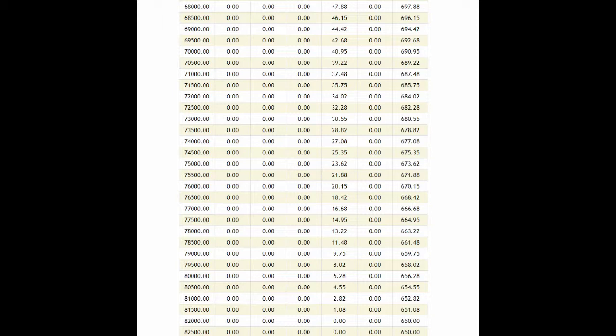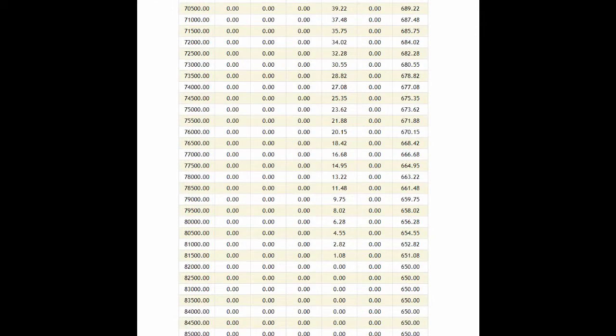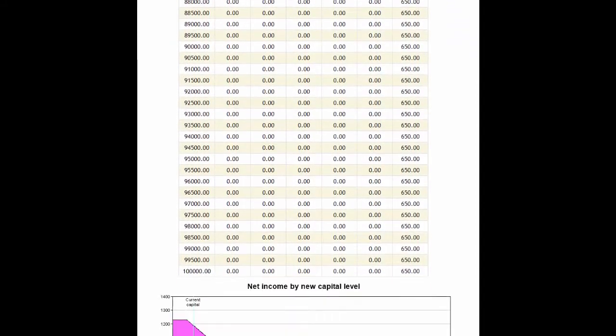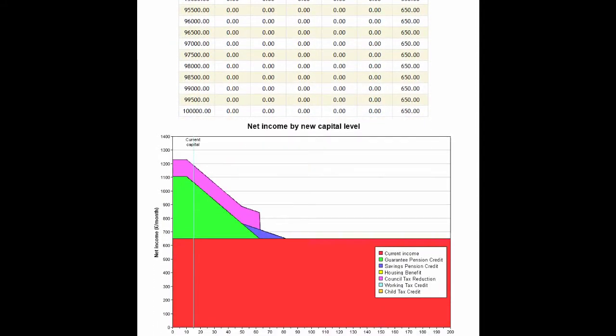While this table is very useful and precise, it's often better to have a visual view of the benefits effects of taking equity release, and you'll find that at the bottom of the screen. Here is a chart which shows, as capital increases along the bottom, what the effect it has on different sorts of income.